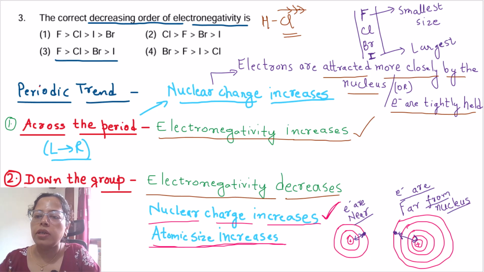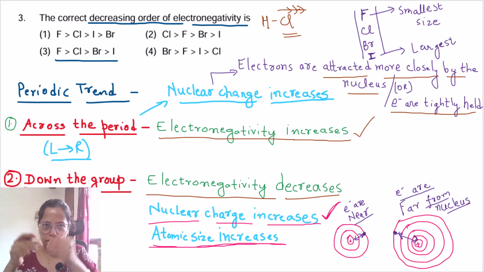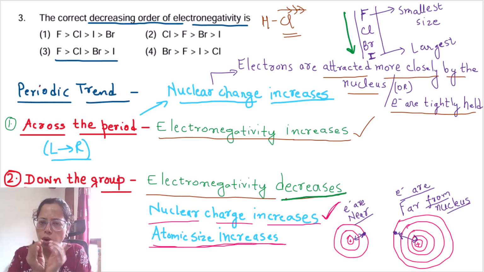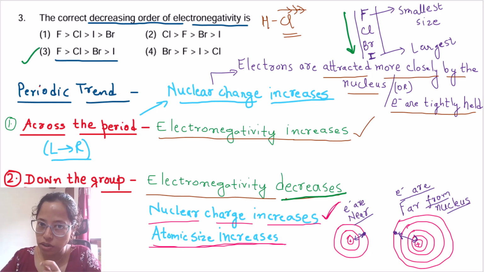The size of the atoms consistently keeps on increasing as we move down the group from fluorine to iodine, and that is why electronegativity is getting decreased. Small size, more compact atoms or ions hold their electrons very tightly, and that is why size plays a very important role in determining the order of electronegativity. And that is why option 3 is the correct answer for this question.